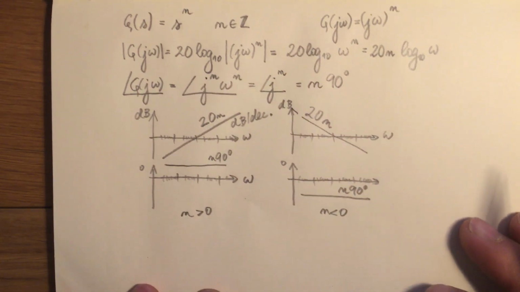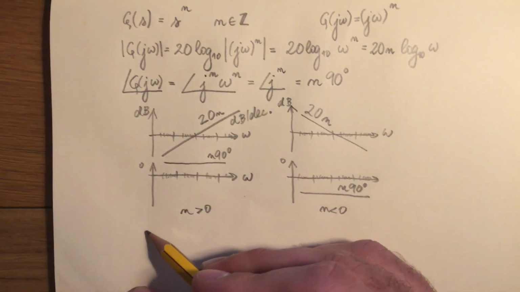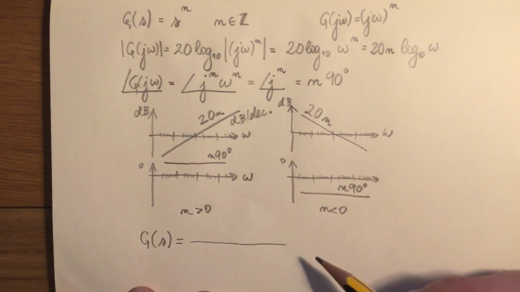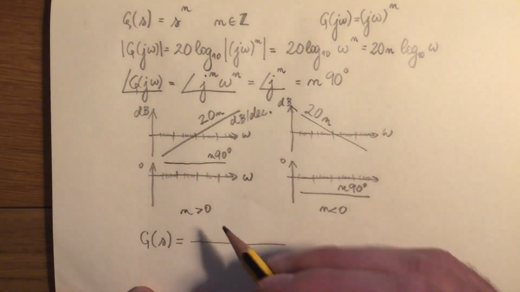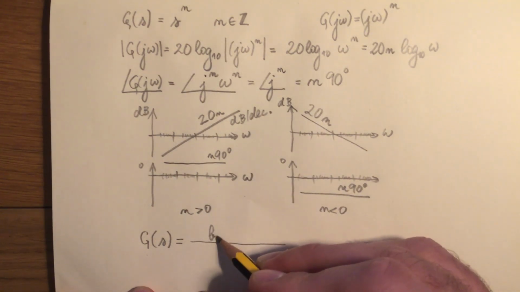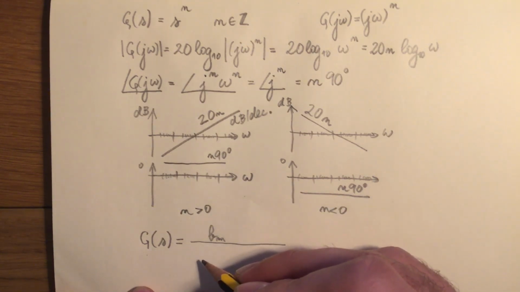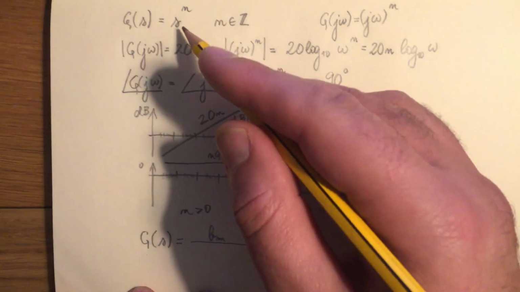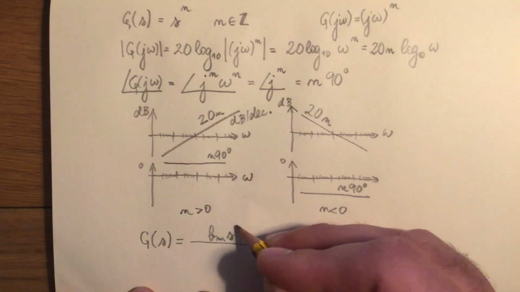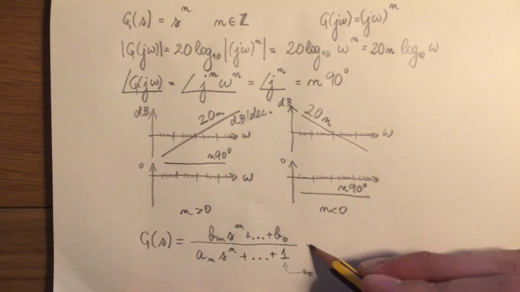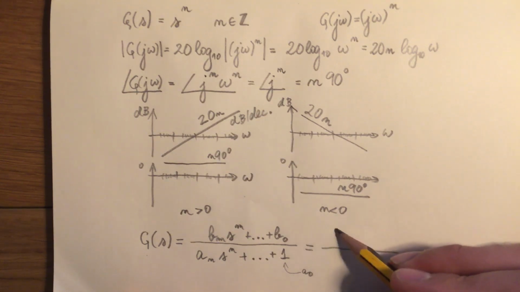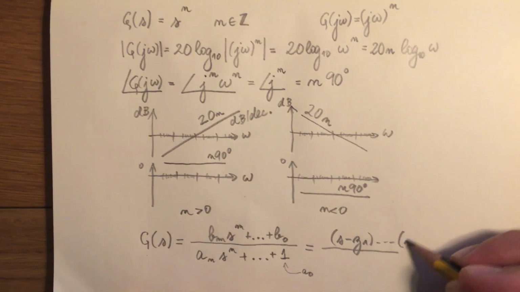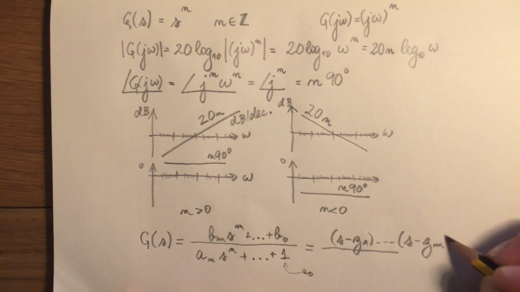Consequently, when we have a generic transfer function, which is a rational transfer function in s, that is to say, the ratio of two polynomials in s, or in other words, a ratio of two linear combinations of integer powers of s, we can factorize both polynomials, making explicit the zeros and the poles.